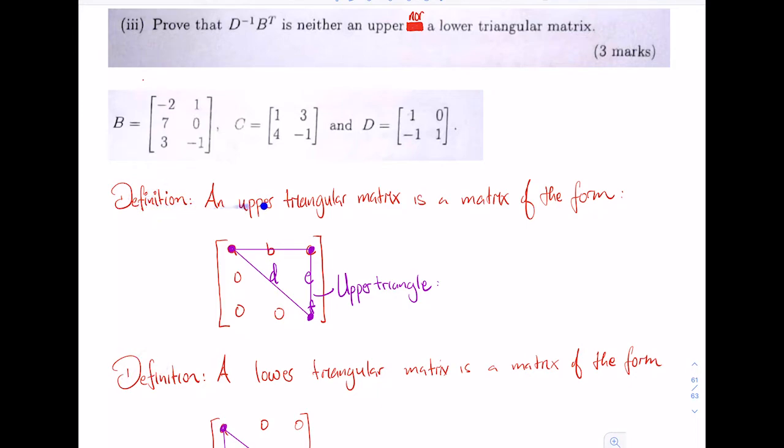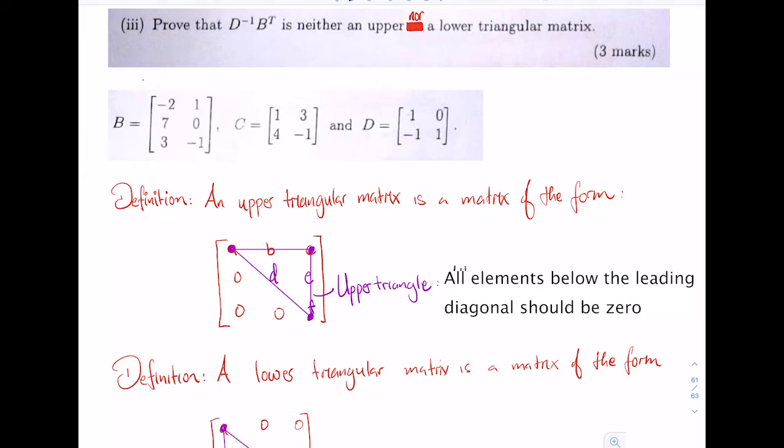The first one is an upper triangular matrix is a matrix of the form. Right now, what about this form is particularly important? Notice that below the leading diagonal, we have zeros. So all the elements below the leading diagonal should be 0. Once we have satisfied that criteria, this matrix is said to be an upper triangular matrix.